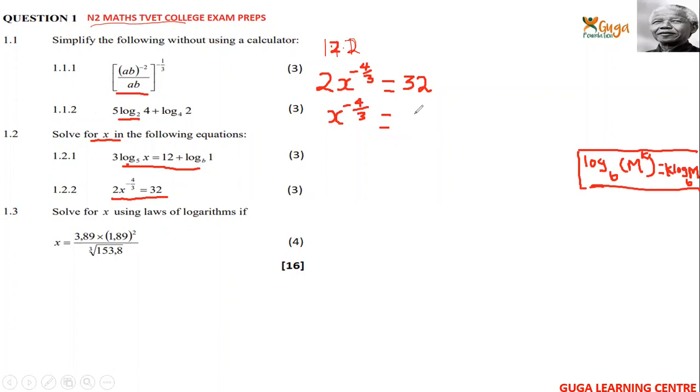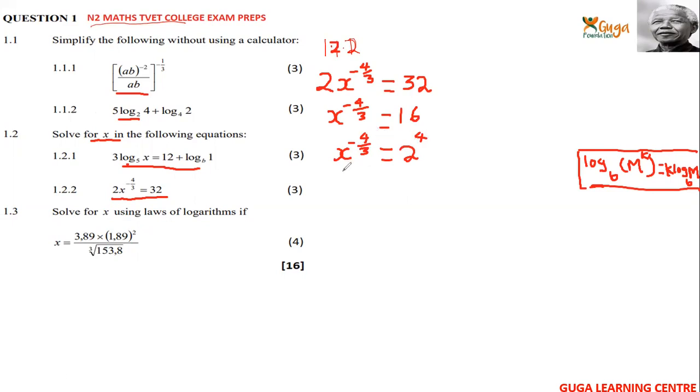That should give you 16. You try by all means to simplify this 16. So you'll have x to the power negative 4 over 3 is equal to 2 to the power of 4.